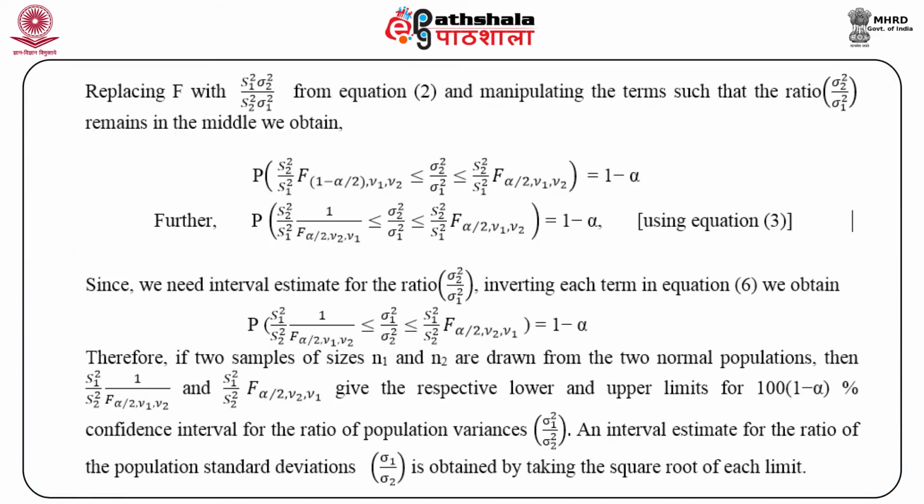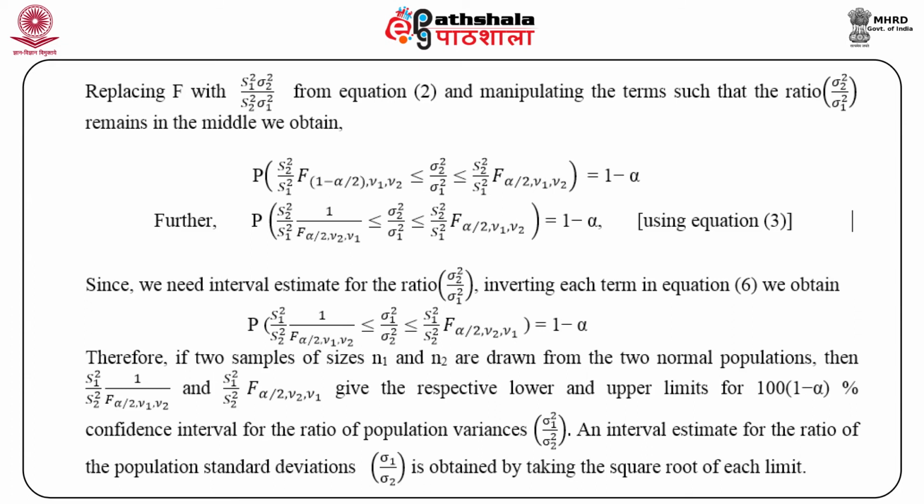Now replacing F with S1²σ2²/(S2²σ1²) from equation 2 and manipulating the terms such that the ratio σ2²/σ1² remains in the middle, we obtain the probability that (S2²/S1²) F(1−α/2; ν1, ν2) is less than or equal to σ2²/σ1², which is less than or equal to (S2²/S1²) F(α/2; ν1, ν2), equals 1 − α.